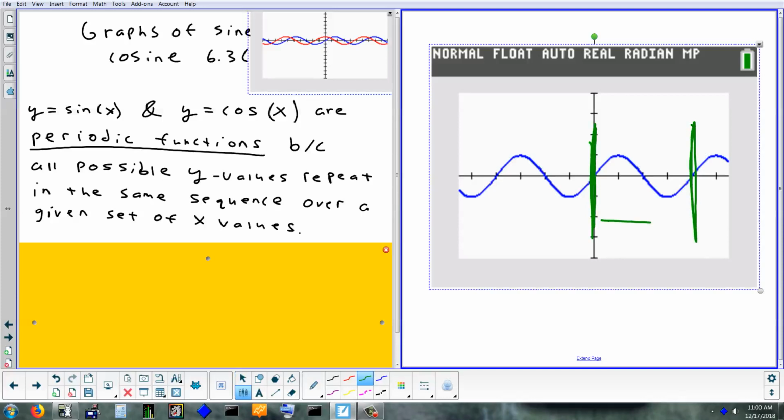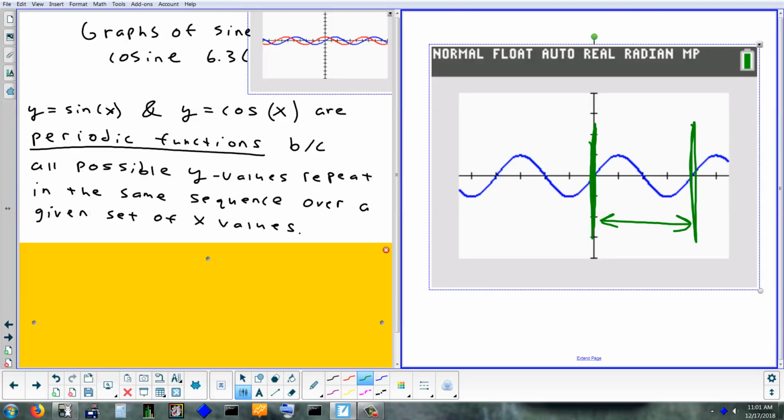This, from here to here, that's the set of x values that I need to go through before I repeat. So you might think, oh, you got to go 1, 2, 3, 4. Yes, you do have to go 4 marks, the way I set it up, but each mark isn't 1 unit. We'll talk about what each mark is.